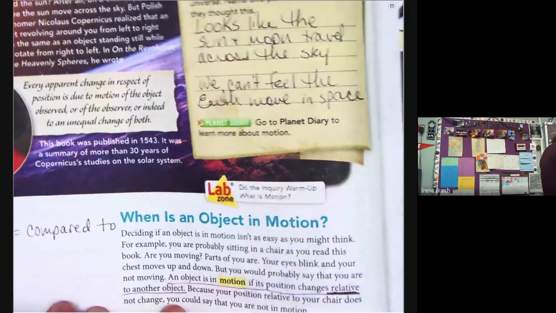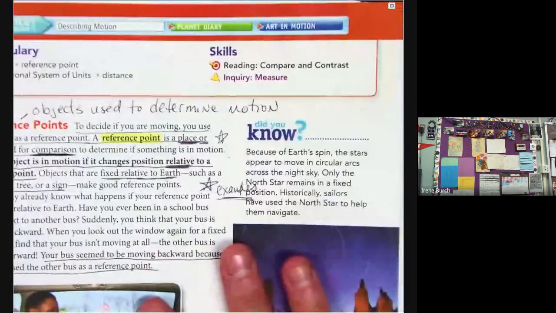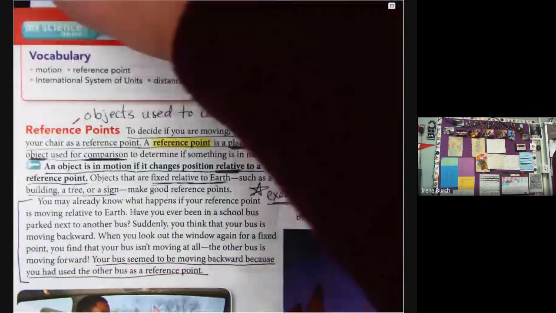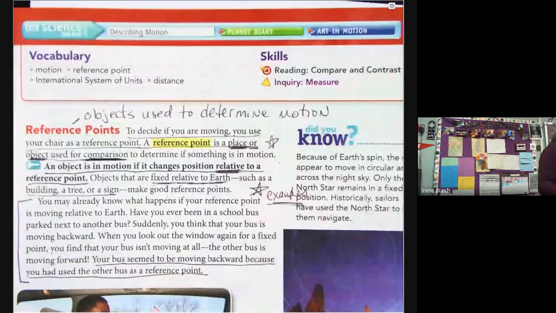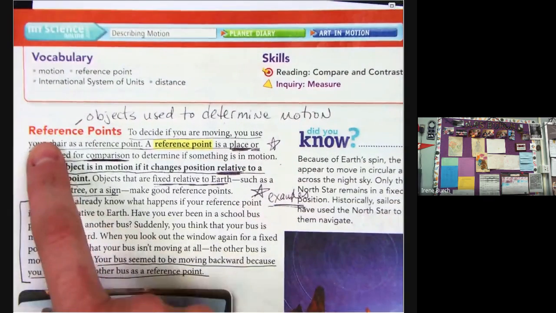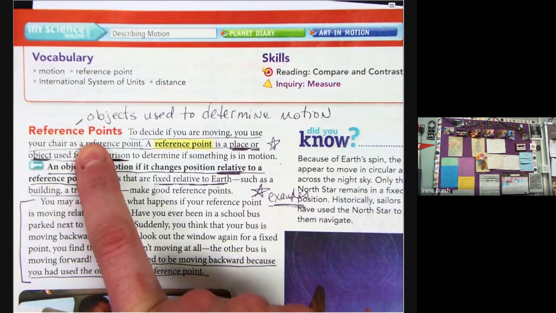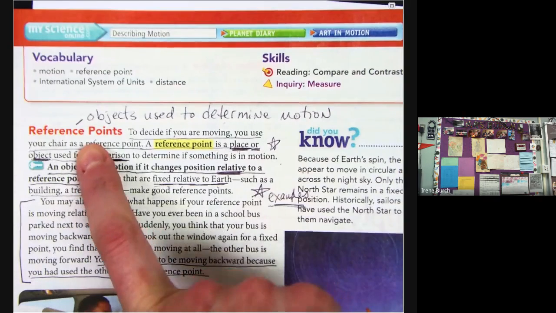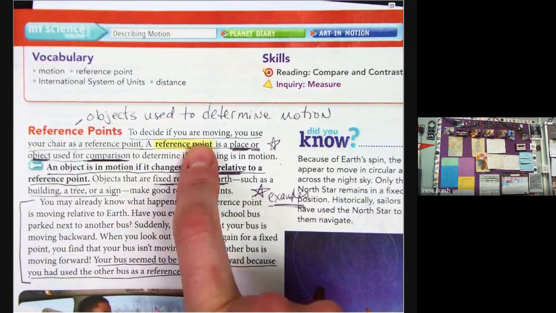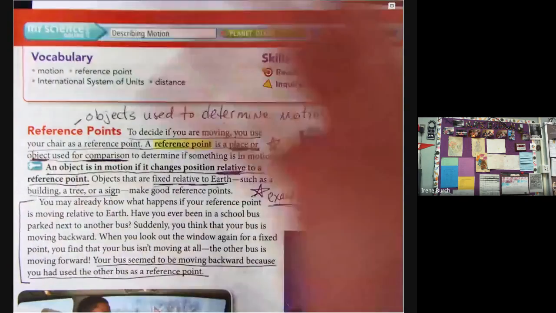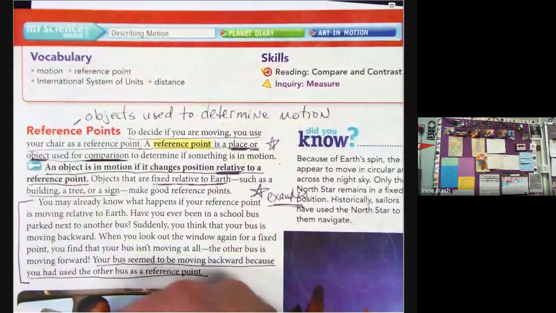Okay. On the next page, it talks about what would be good and what would not be so good to use as the thing you are comparing your object to. So the fancy word for the object that you're using to compare your object to is called a reference point. It says to decide if you are moving, you use your chair, table, desk, the wall.